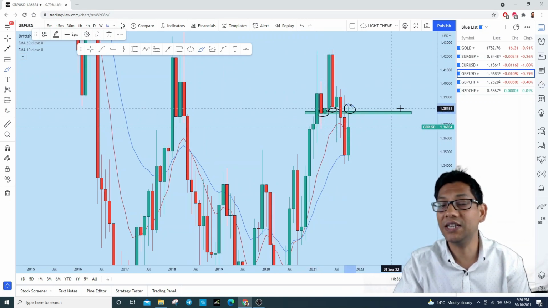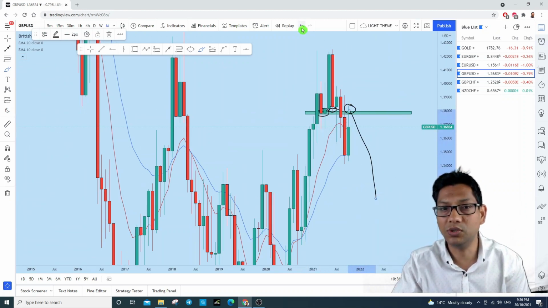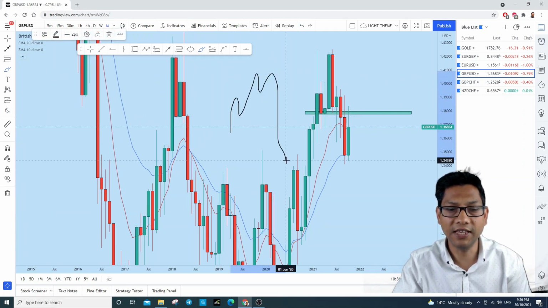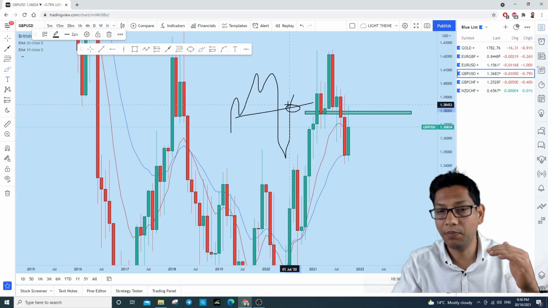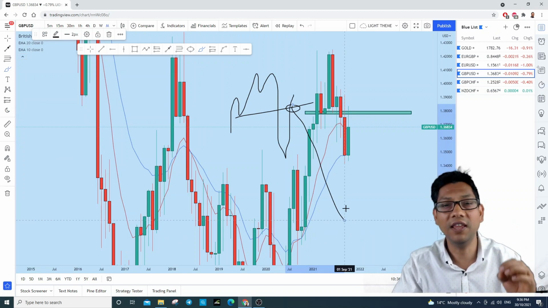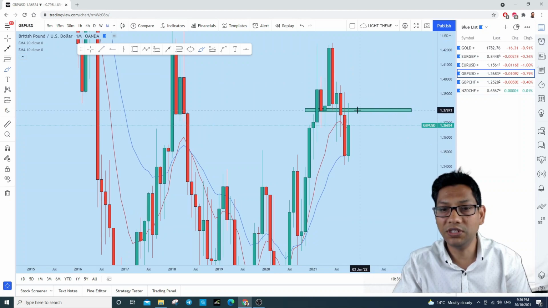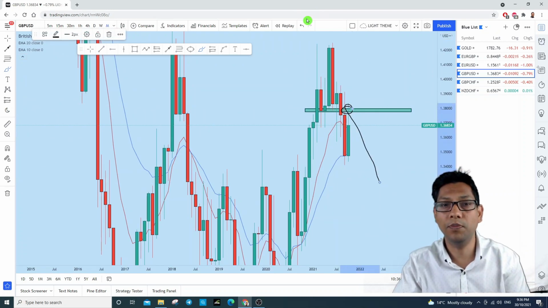Now it has tested it as a resistance and then rejected to the downside, because when you see a head and shoulder pattern like this break to the downside, in most cases you will see that the instrument goes up to test the previous support as a resistance finally before moving to the downside. With that said, GBPUSD primarily rejected from this area and then dropped to the downside.